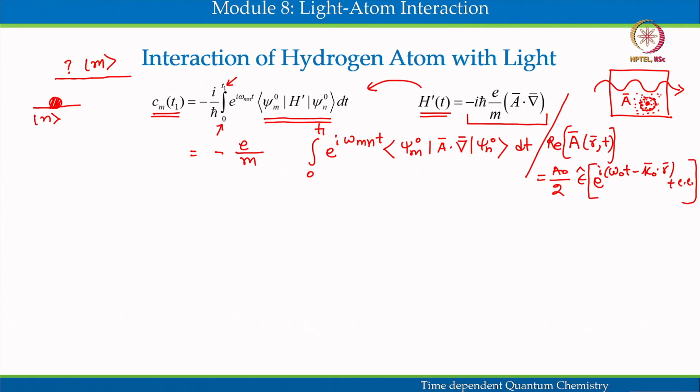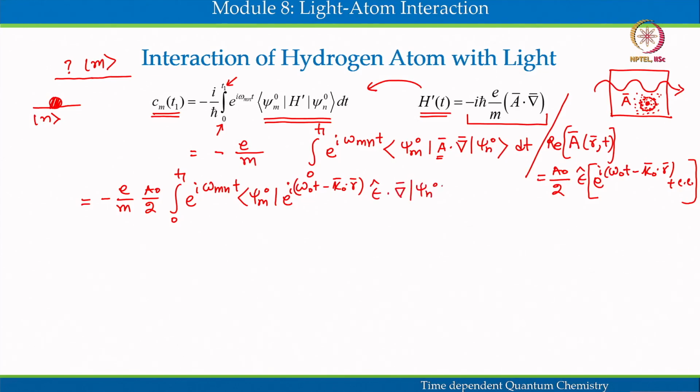So, if we insert that one here, we now get two terms. One term is minus E by m, then A naught by 2, then the integration from 0 to t1 of e to the power i omega mn t, then this integration, where this A would be expressed as e to the power i omega naught t minus k naught dot r, then the polarization unit vector, psi n 0 dt.